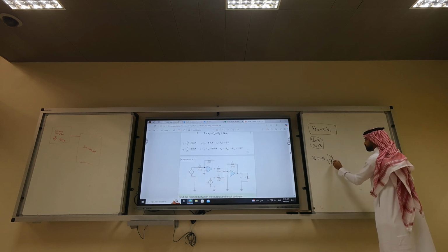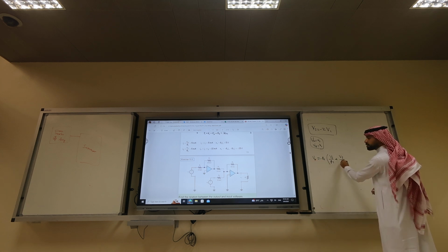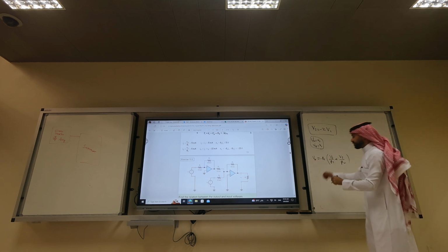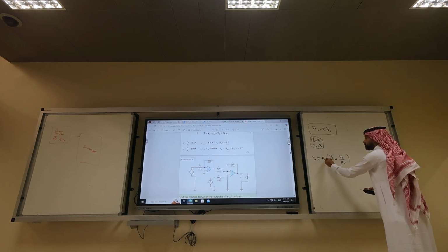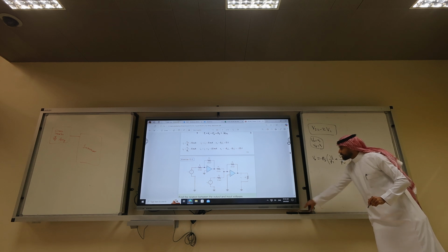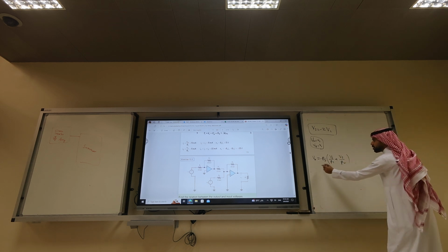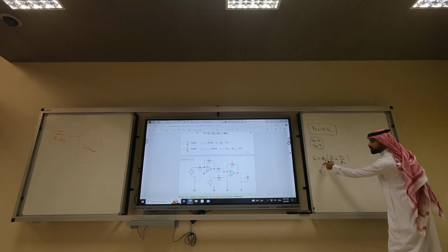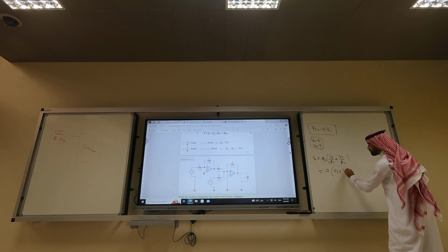R3, plus V2 over R4. Now what is RF? R5. Get it? That's the fastest way to solve this example. So RF is 20 over 10, so it's going to be minus 2 times V3 plus V2.